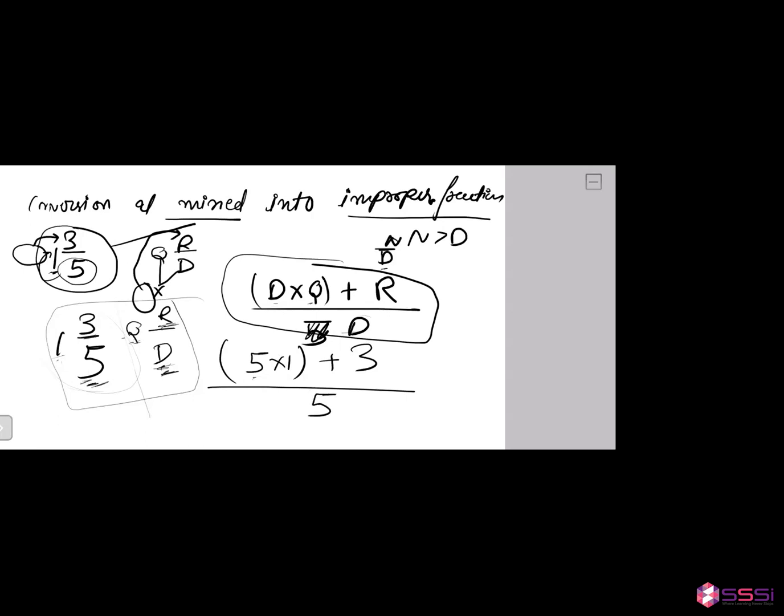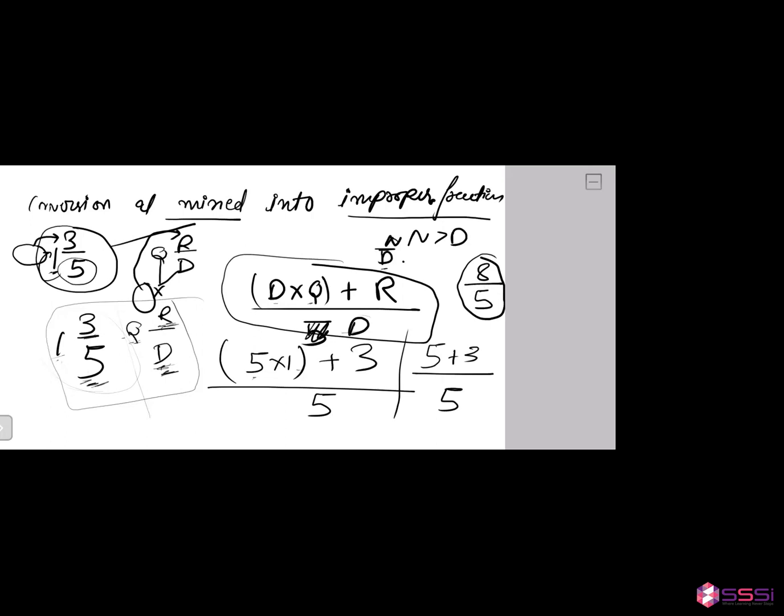So 5 into 1 is 5. 5 plus 3, as it is, divided by 5. 5 plus 3 is 8, divided by 5. Now tell me, is this proper fraction or improper fraction? Improper fraction.